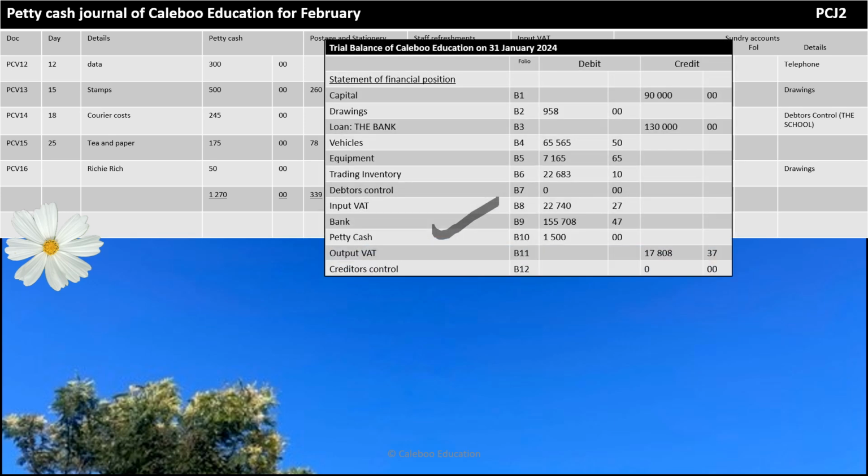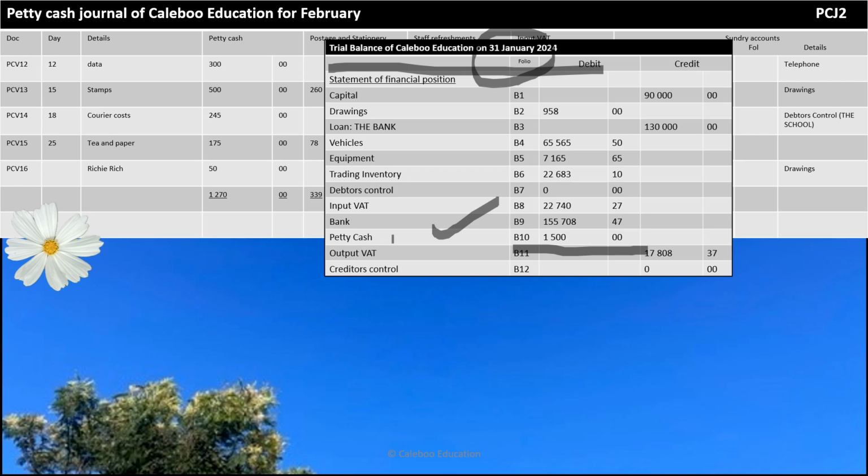Now I've given you the trial balance because I want to point something out that is very important. This is the trial balance on the 31st of January 2024. We are doing February. This here is the balance brought down for petty cash.